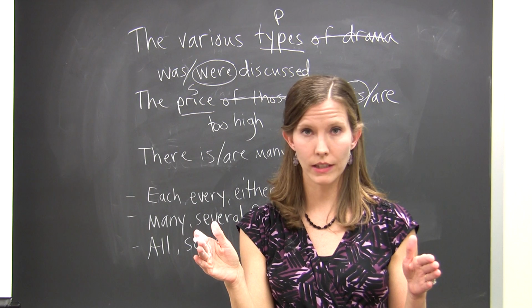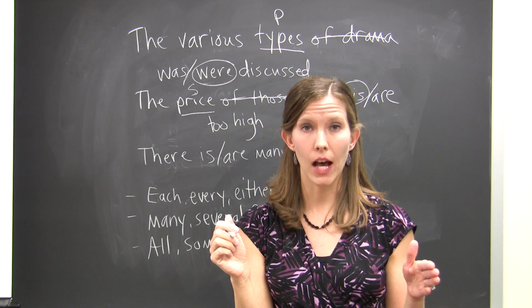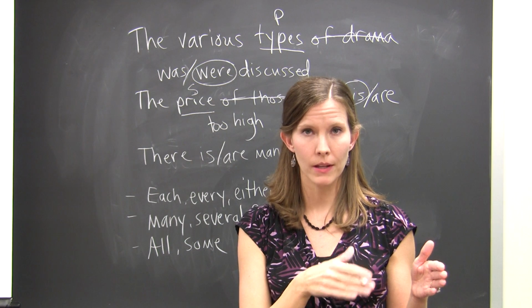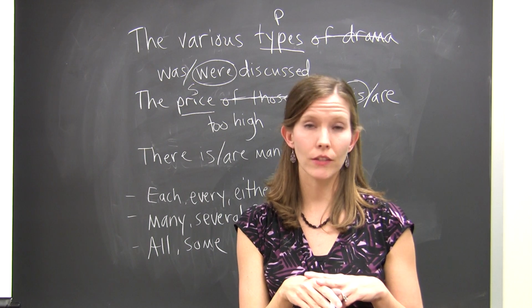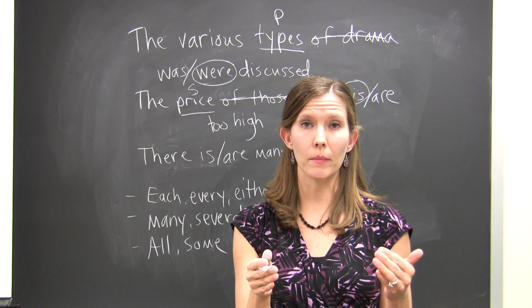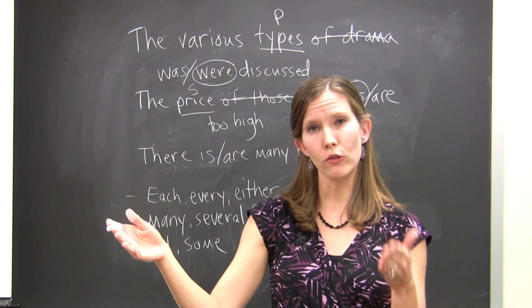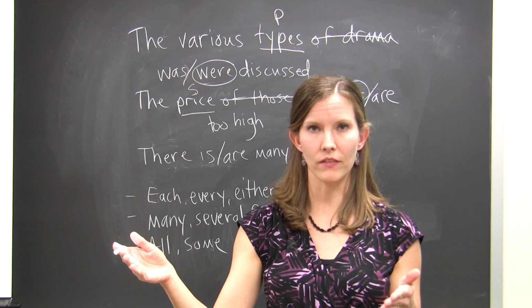Always, when you're trying to find the subject of a sentence, get rid of the prepositional phrases to help you identify the correct subject. The second kind of sentence that can confuse you in terms of subject-verb agreement has to do with sentences that have the verb come before the subject, and we talked about these previously.